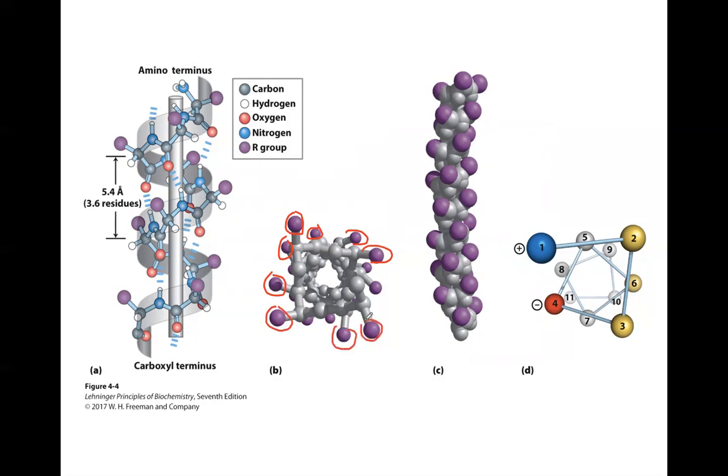The side chains play a role, and we will look at it in a moment, but they don't really interfere with the formation of the alpha helix because they are on the outside. It looks like it doesn't really matter what they are. It does matter because they're still close to the alpha helix, but they don't break up the alpha helix right away. They are a certain distance away from it.